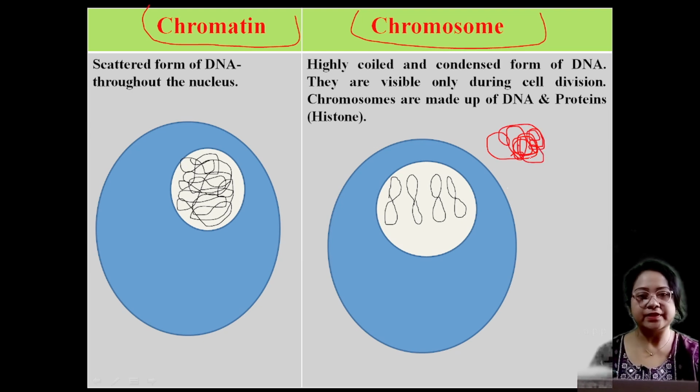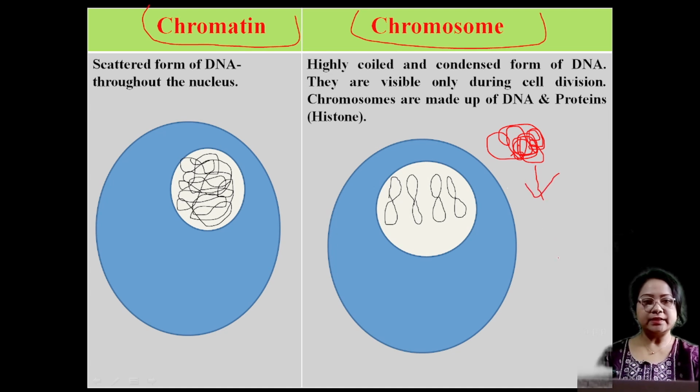Then when cell division started, the chromatin coiled. Have you seen a spring? I think every one of you has seen a spring. It will coil in this way, like a spring.